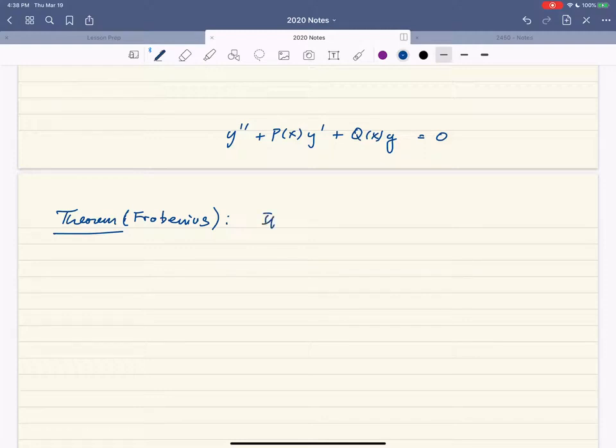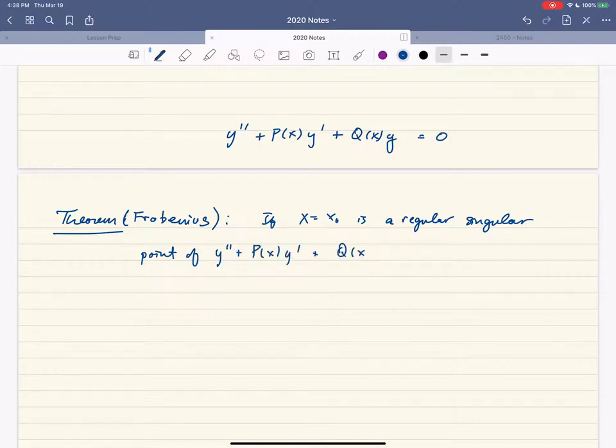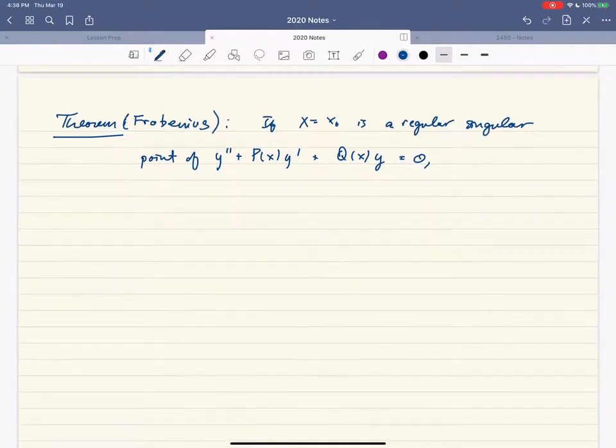It turns out that if x = x naught is a regular singular point of the differential equation y'' + p(x)y' + q(x)y = 0, then we can get a power series solution.